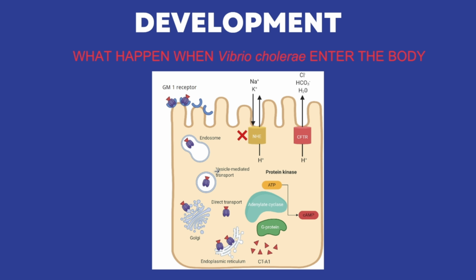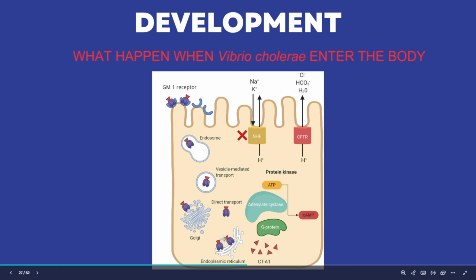So the toxin is internalized, and from the endosome it will go to the Golgi apparatus and the endoplasmic reticulum to produce the CTA1 protein here. This protein will activate the G protein in the intestine cell.